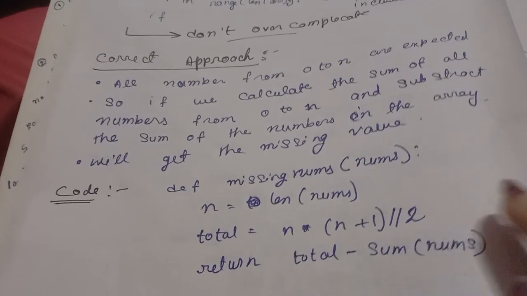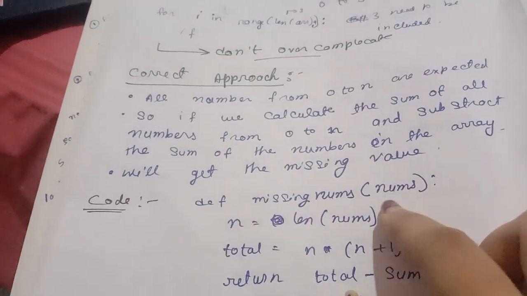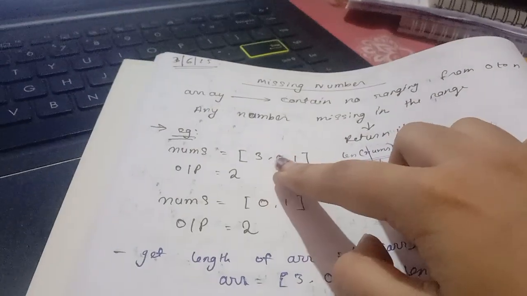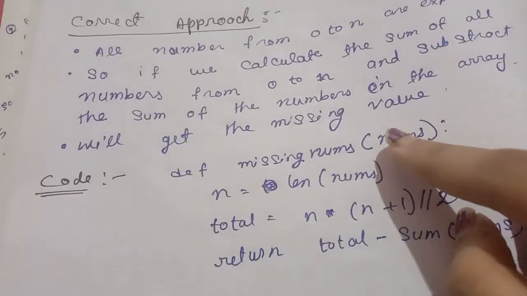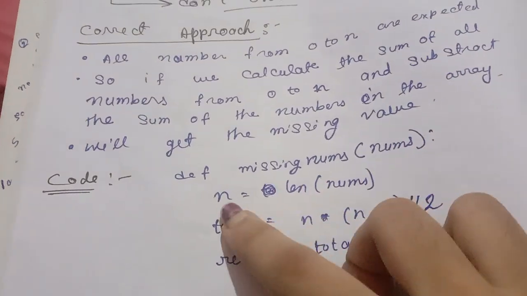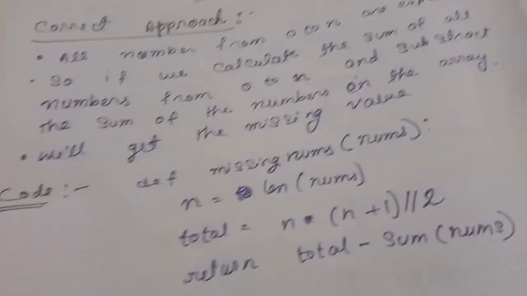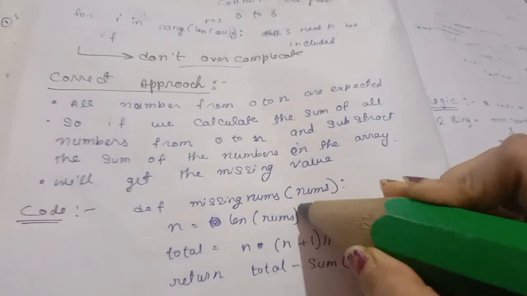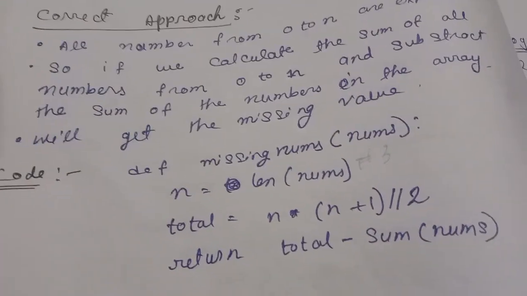Initially, this is our array that we have, which is 3, 0 and 1, these 3 elements. So this array we are passing, and we are calculating the length of the array, which is 3.